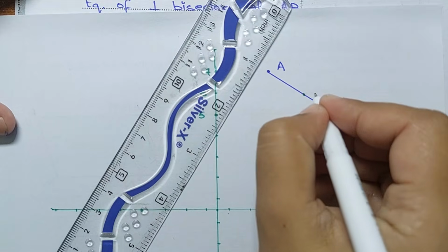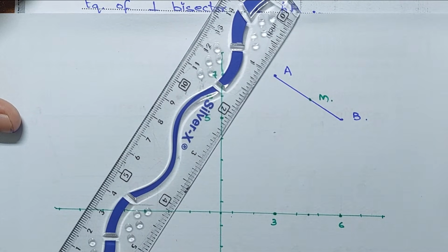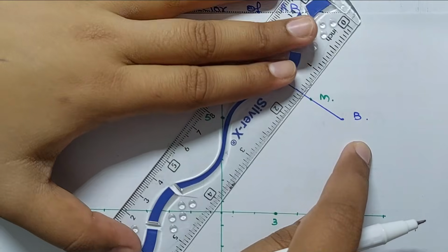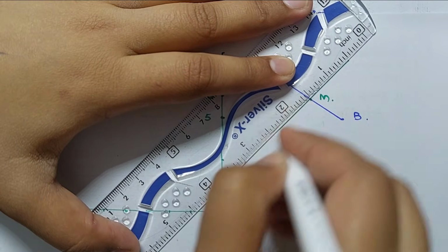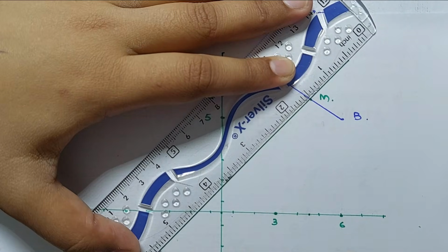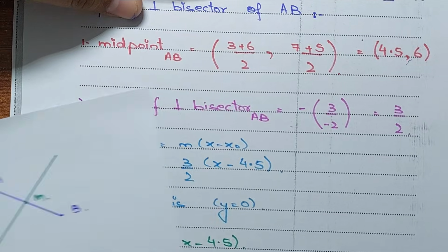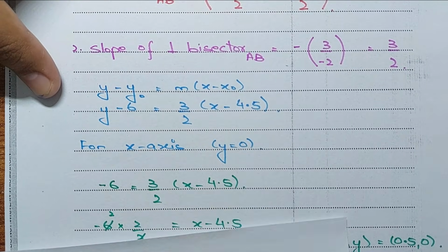I just drew this to make you guys understand which area of the triangle we need to figure out. So we have the midpoint. This is line AB, and from the midpoint we need to find the perpendicular bisector of AB. So that perpendicular bisector of AB is this line: y minus 6 equals 3 by 2 into x minus 4.5.